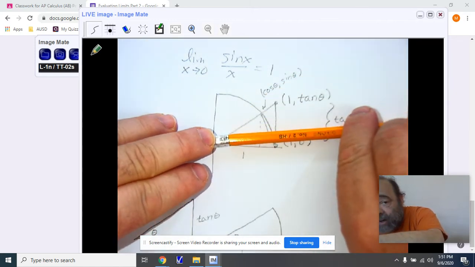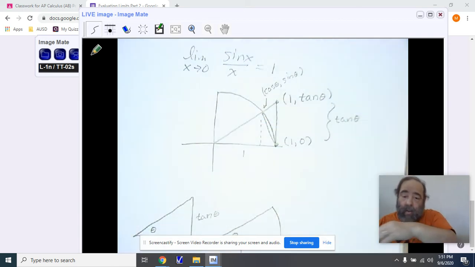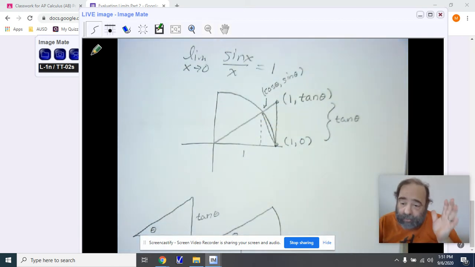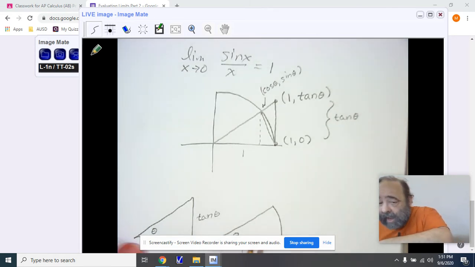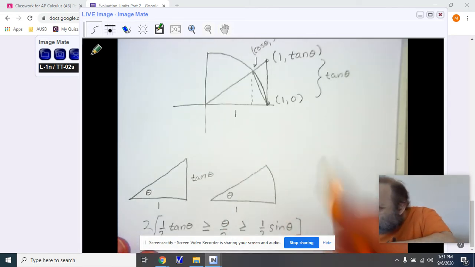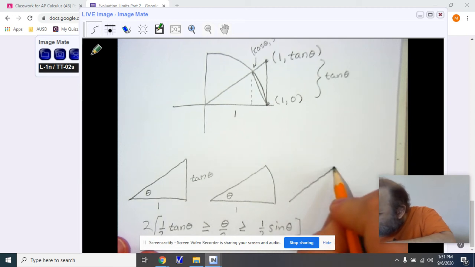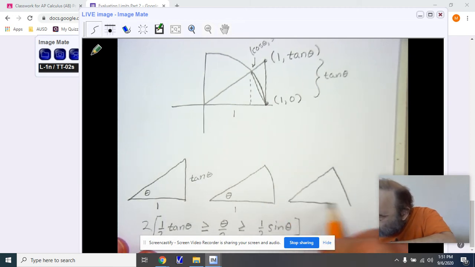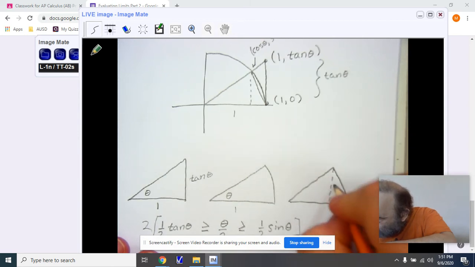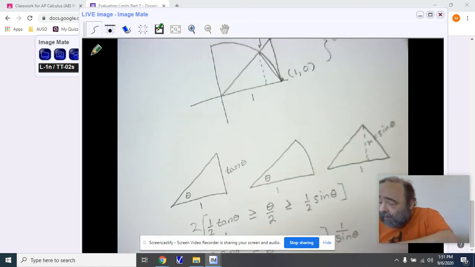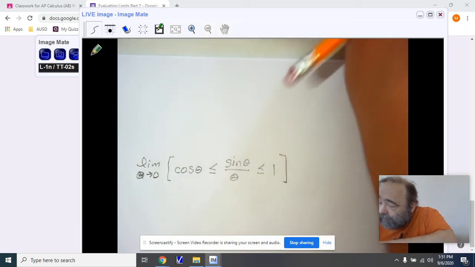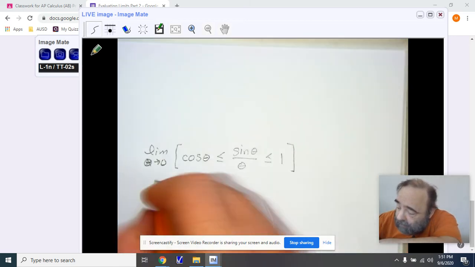The smaller that we get for our angle, the closer all three pieces get: the arc, the big triangle, and then the little triangle, which had the height of the sine of theta and a length of 1. When we take that limit, let's look at what happens.